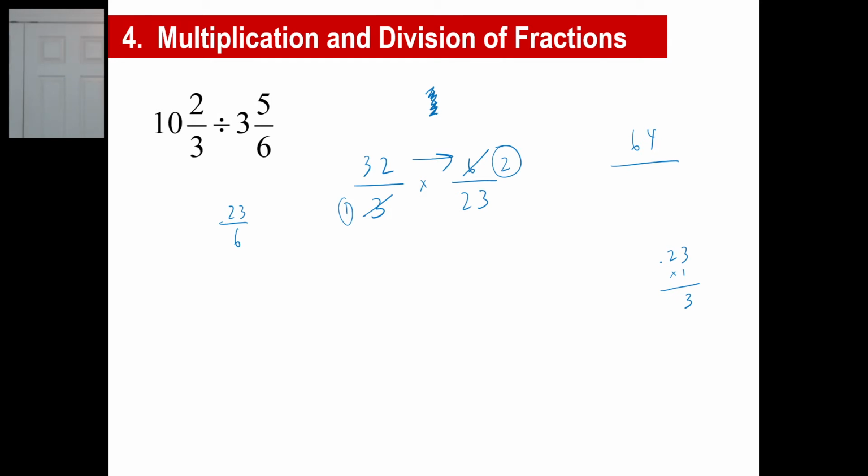Siri, what is 2 times 1? It's 2. Okay, I figured out what 2 times 1 is. It's 2. So 64 divided by 23. There we go. Okay. I got it.